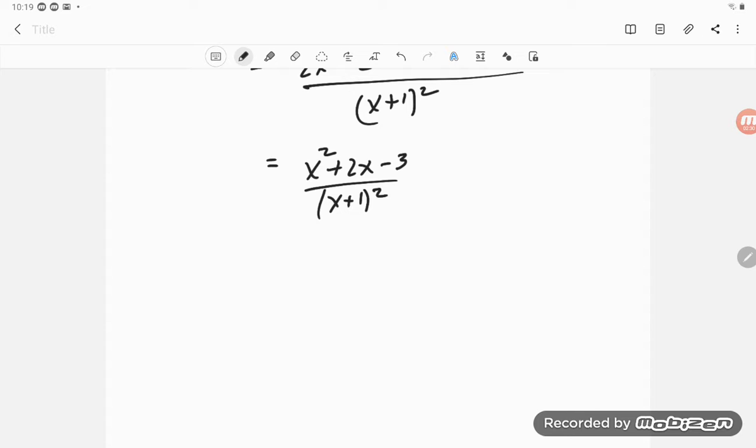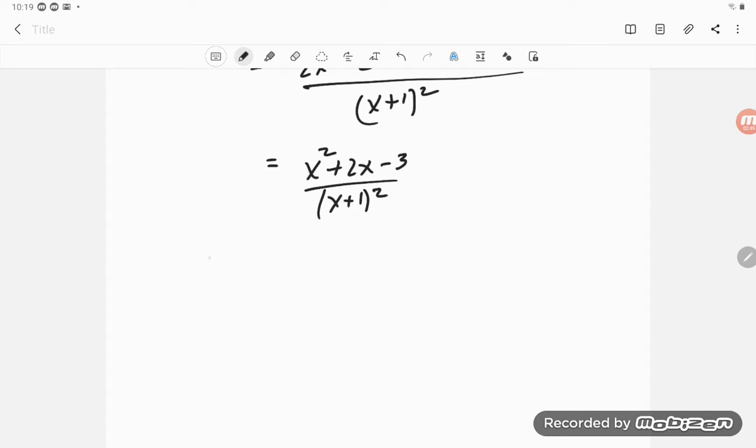We'll see what we have there. And then another critical point would come from the denominator being 0. It would be undefined there.